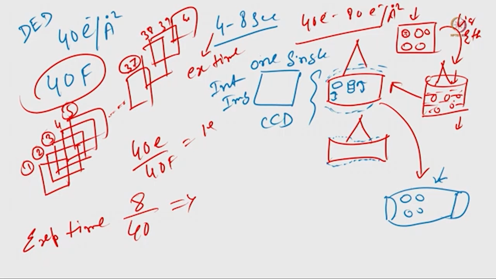So 0.2 seconds basically we are giving. So we are collecting 0.2 seconds per frame. And the total exposure is 8 seconds to collect these entire 40 frames. When you have the entire 40 frames, that is a huge size and it is a movie kind of thing.